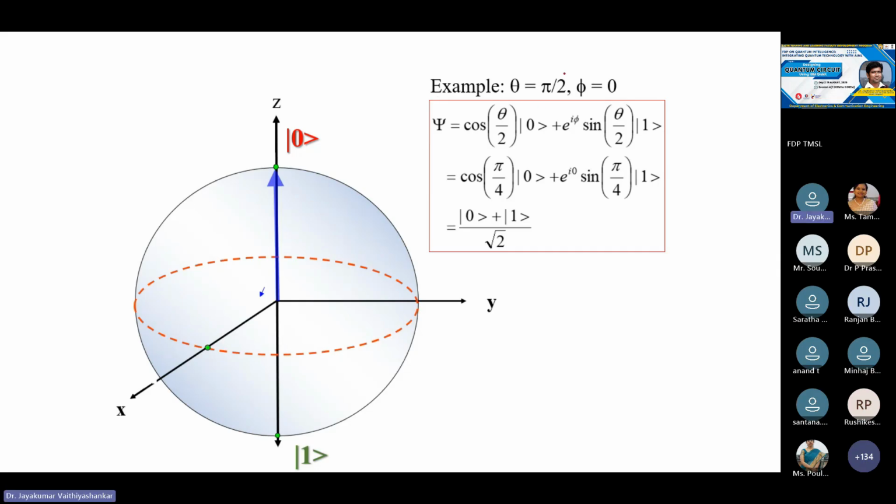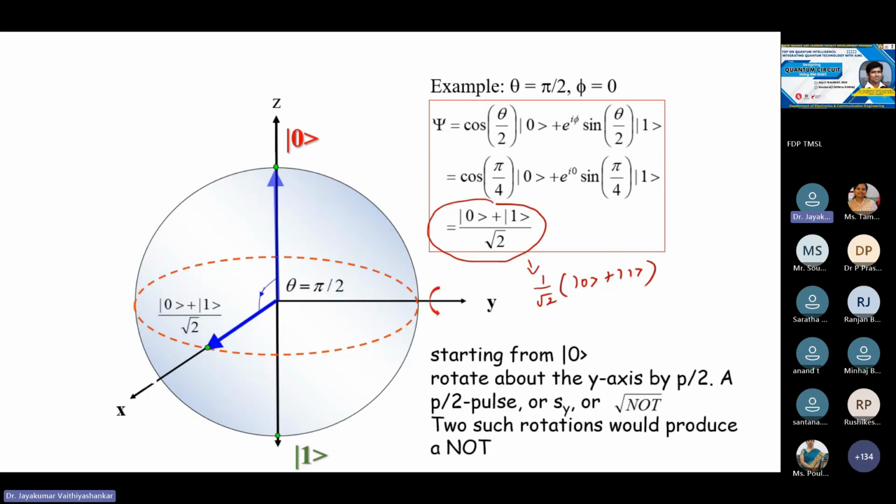Look, the angle d equal to pi by 2. If you apply d equal to pi by 2, you will end up with cos pi by 4, sin pi by 4, and your quantum state will become state 0 plus state 1 by root 2. You can rewrite this formula as 1 over root 2 multiplied with state 0 plus state 1. What it means is, if you apply d equal to pi by 2, it will go half of the way.